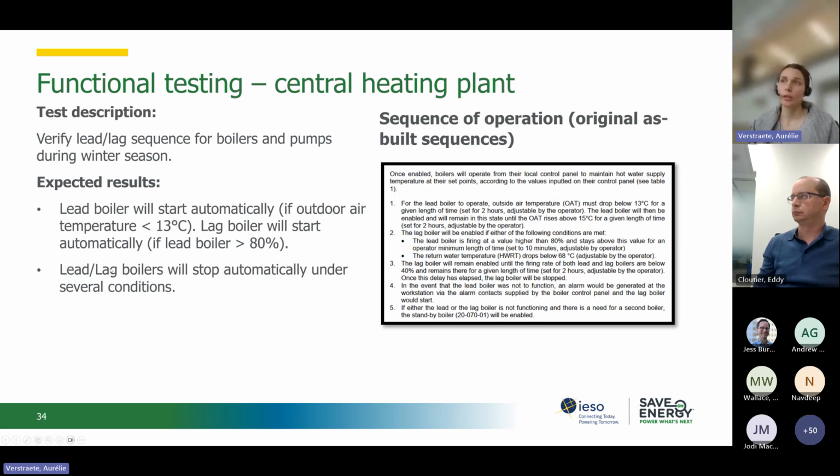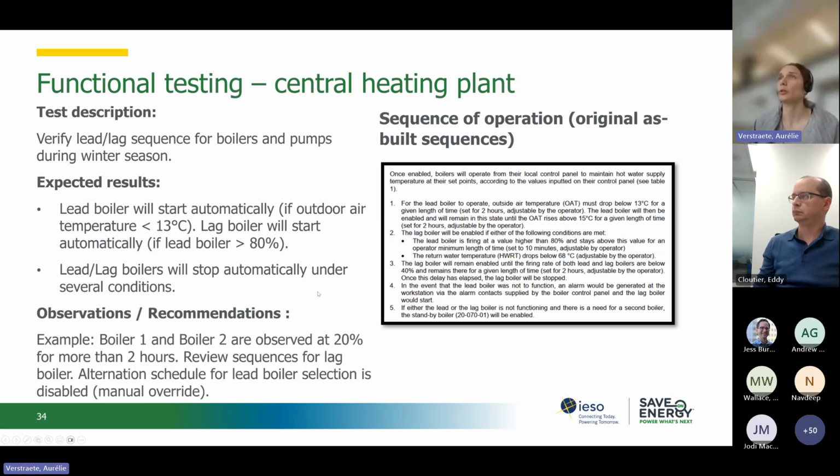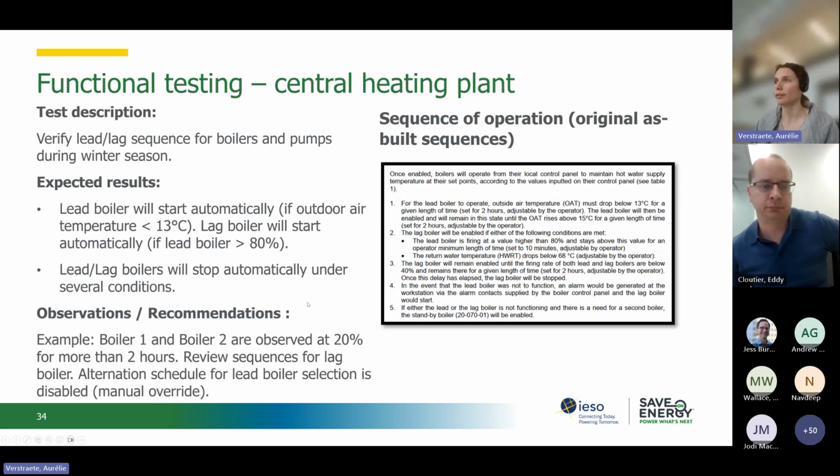And lead lag boilers will stop automatically under several conditions. So during the test, maybe you will observe that boiler 1 and boiler 2 are at 20% load for more than 2 hours, which was not what was expected here. So a recommendation could be to review sequences for the lag boiler, and maybe you will detect that the alternation schedule for lead boiler selection is disabled, for example on manual override.